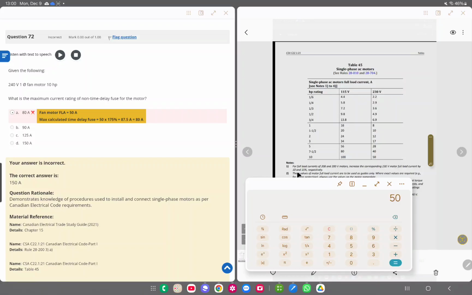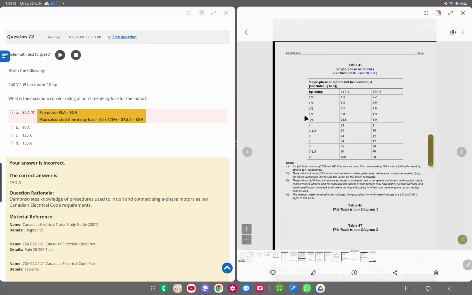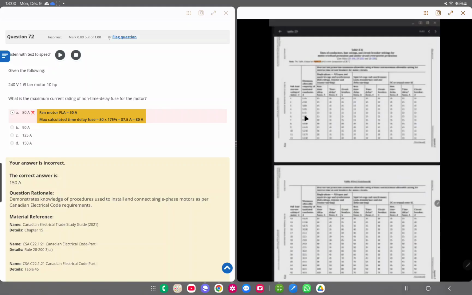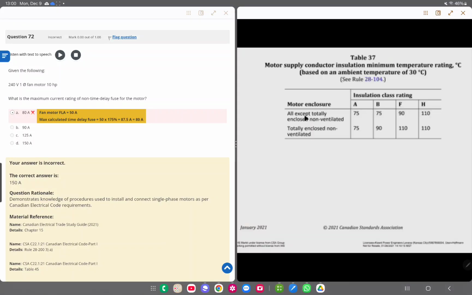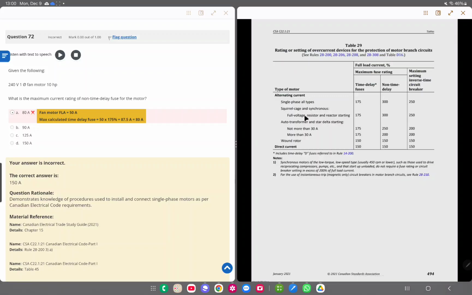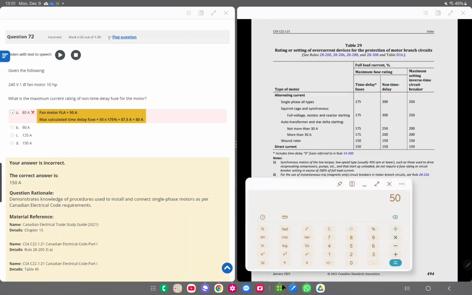And what do they want? What is the maximum current rating of non-time delay fuse? So we gotta read very carefully. Non-time delay fuse, if we look at Table 29, for single phase, all types, non-time delay is 300%. So we take our FLA at 50, we multiply that by 300%, we got 150.